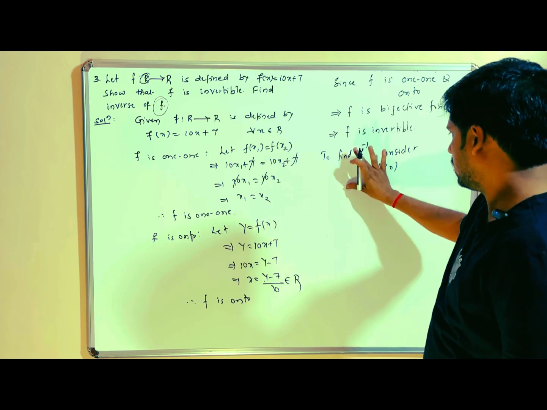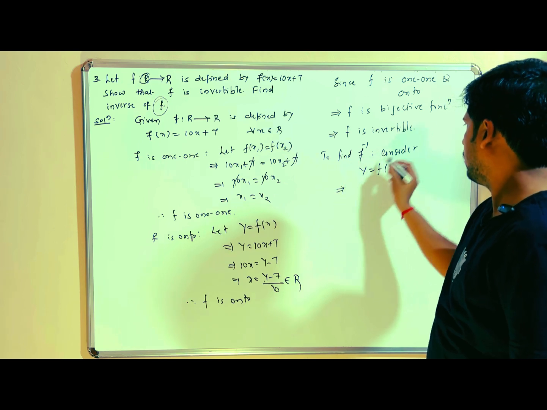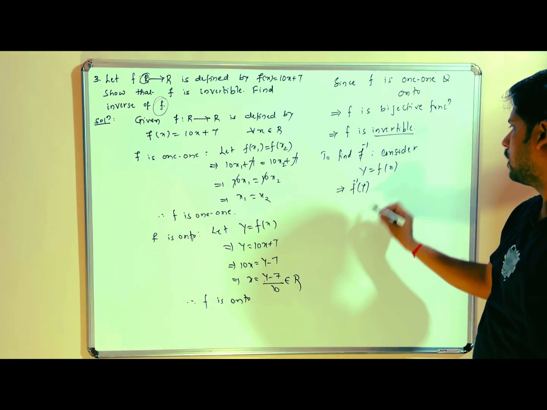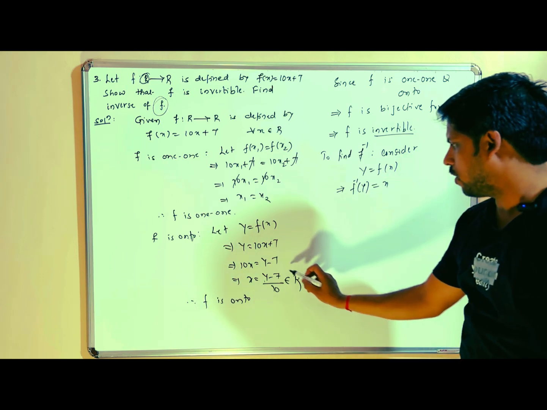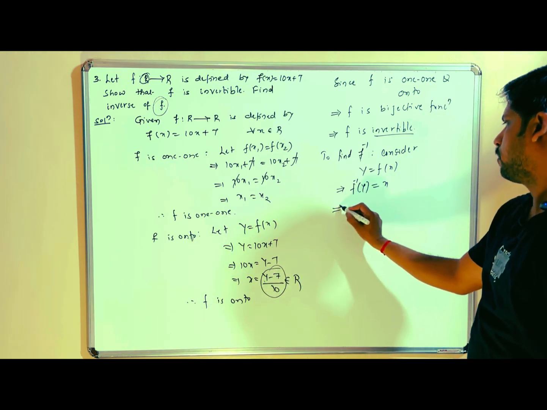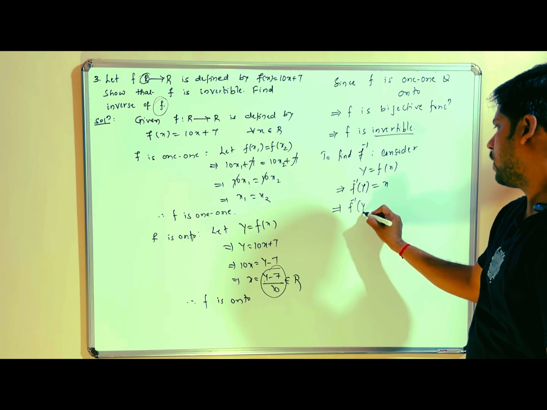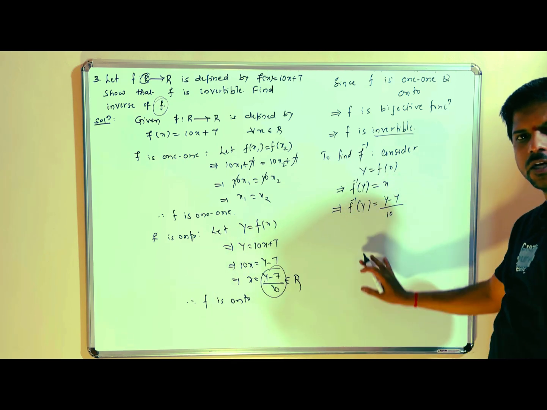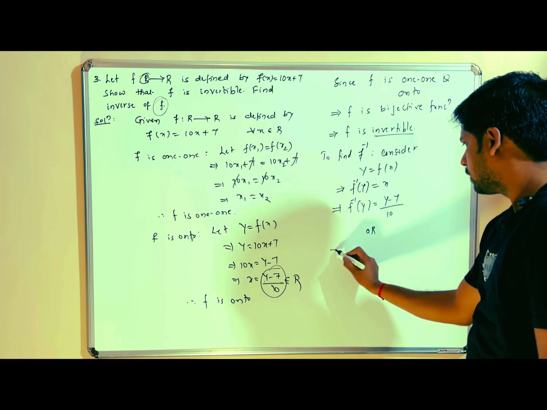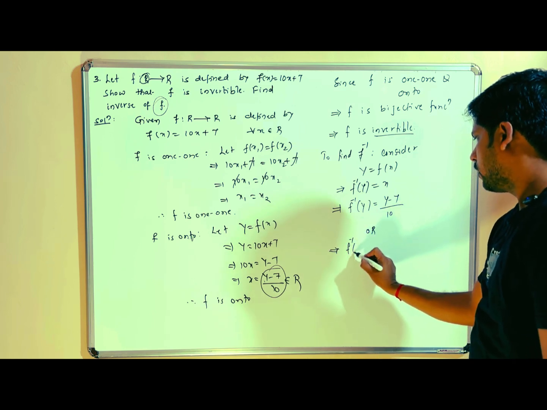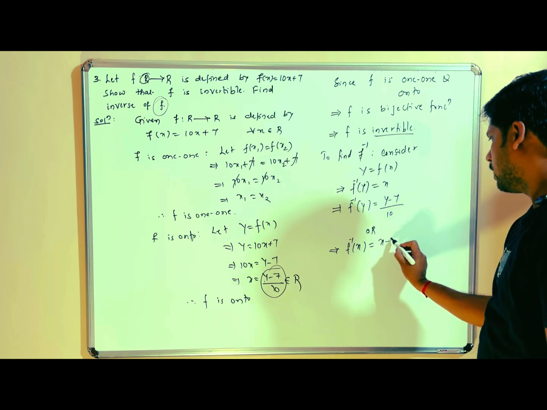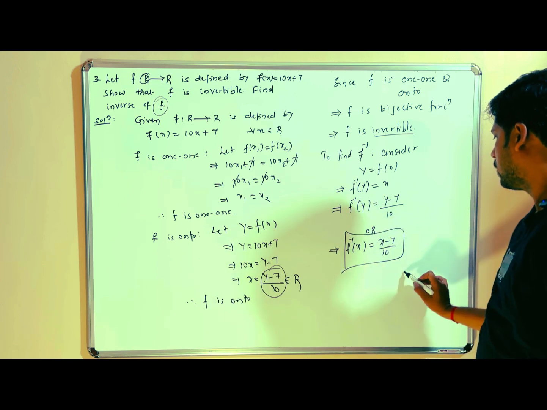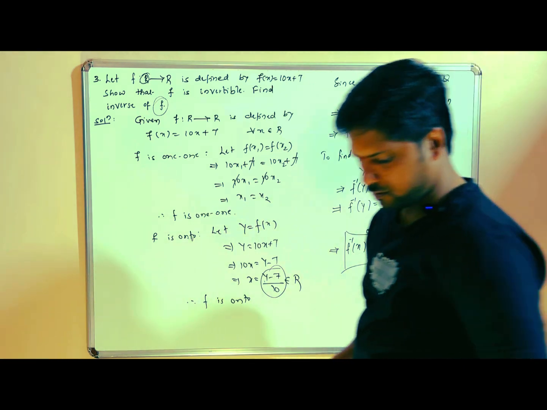Since f is invertible, f inverse of y is equal to x, and we have the value of x here. That is, f inverse of y is equal to y minus 7 divided by 10. It is in terms of y. What about in terms of x? f inverse of x is equal to x minus 7 divided by 10. Write it down.